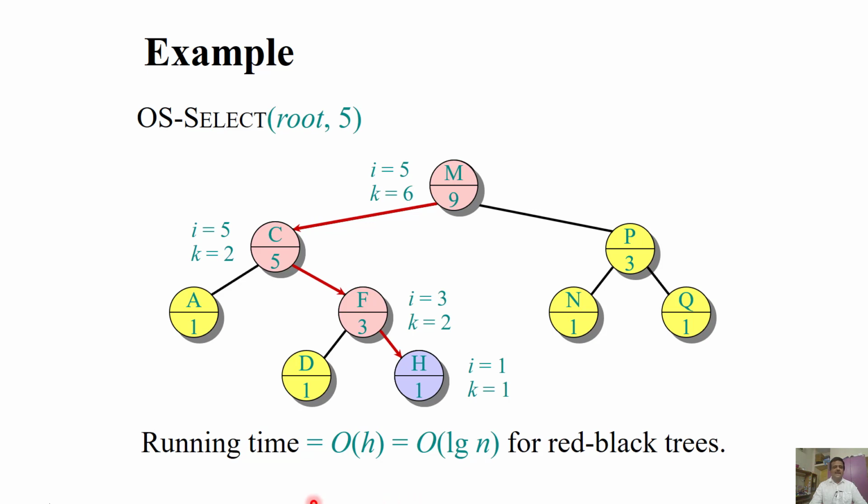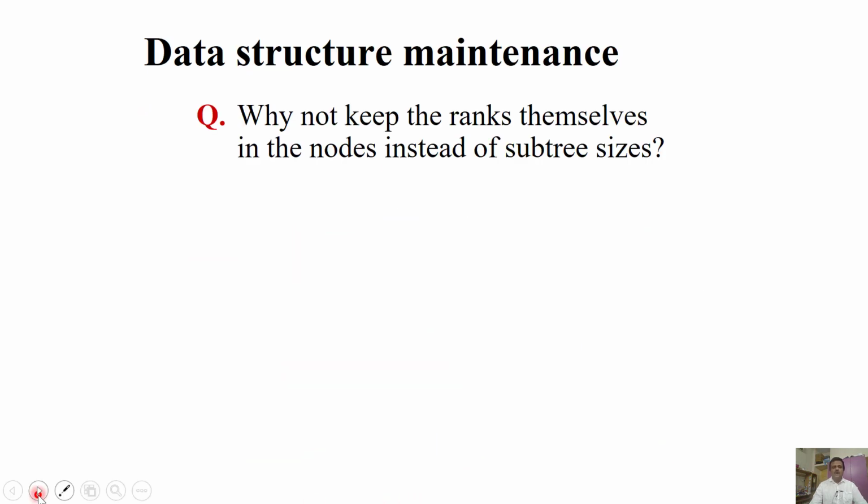Now, as we said, this set is dynamic. So, we have to see how the dynamic operations can be done. Before that, let us talk about maintaining the rank of a node directly, instead of the size of the tree rooted at that node, because rank is size of left plus 1.